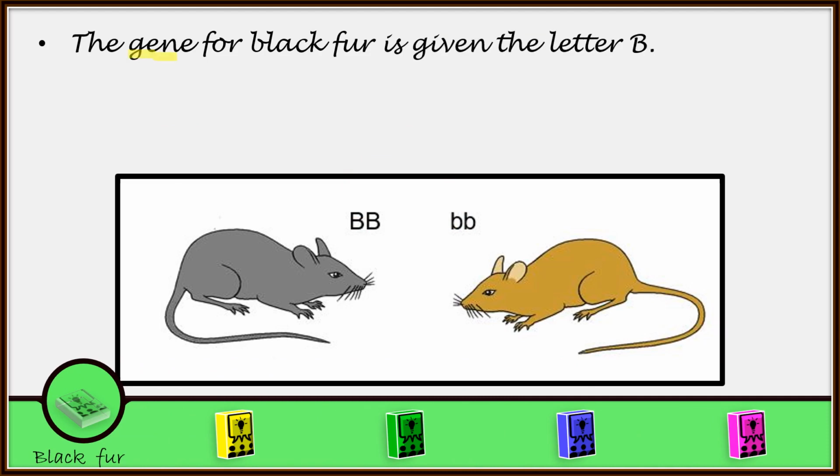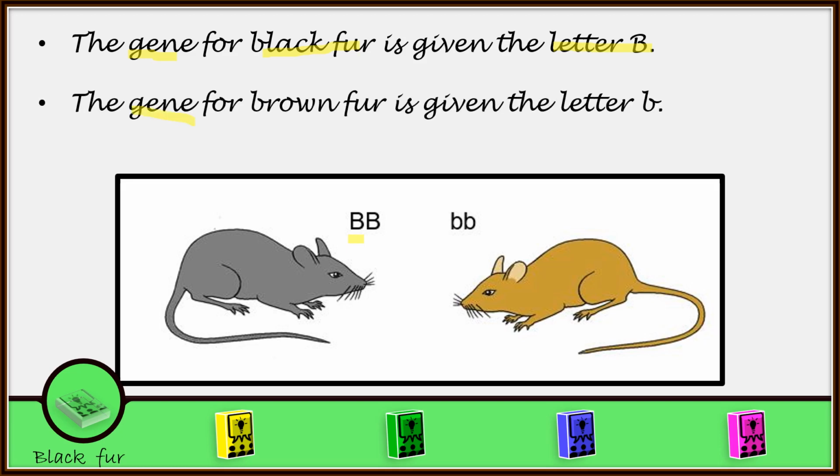The gene for the black fur is given by the letter capital B. This one, gene capital B, is a letter representing a gene for black fur. And the gene for brown fur is given the letter small b. This small b is representing a gene for brown fur.